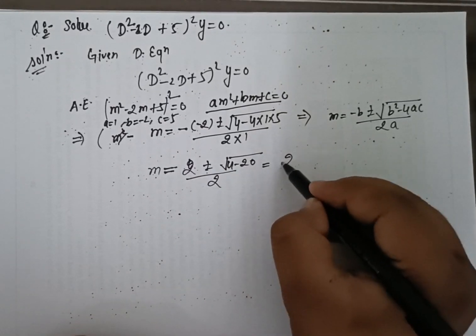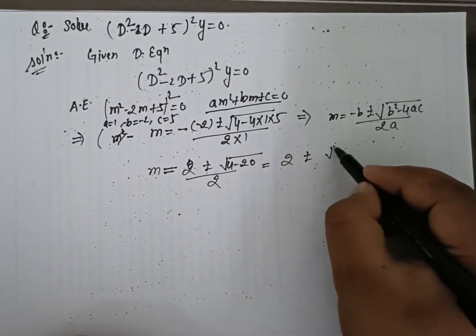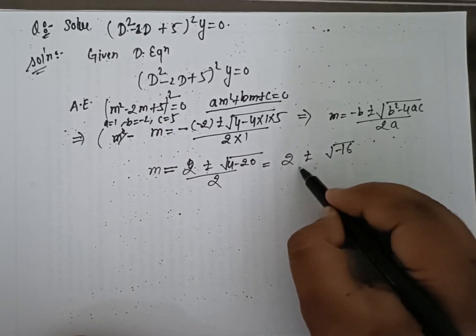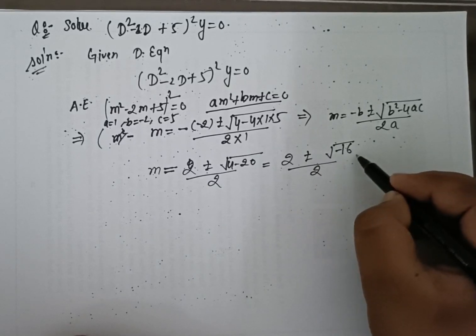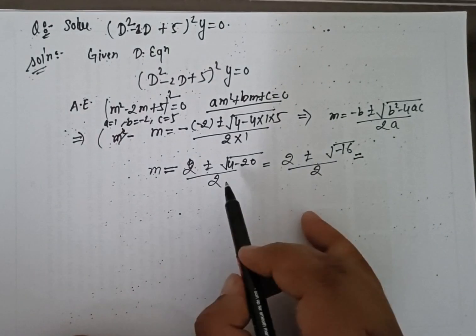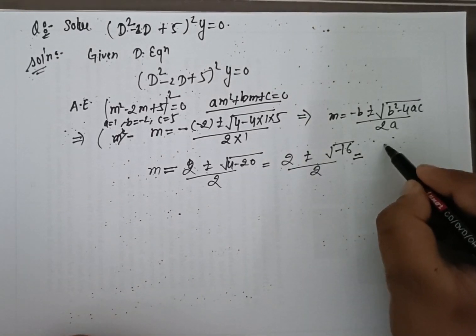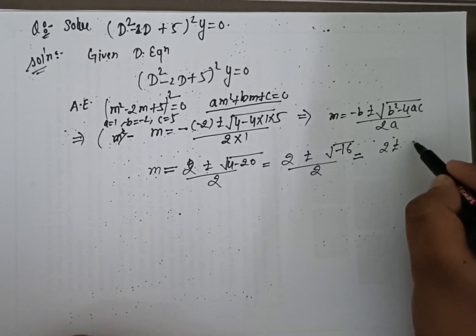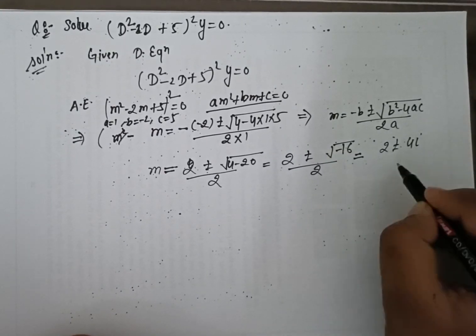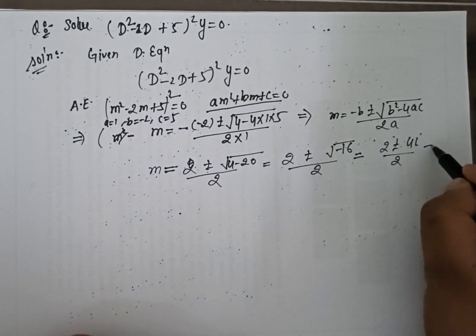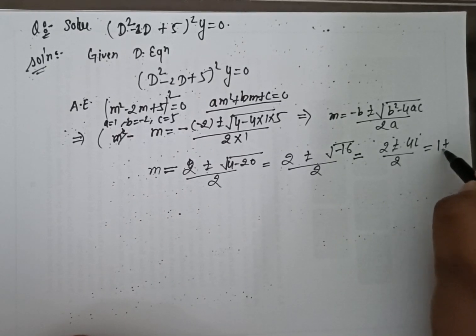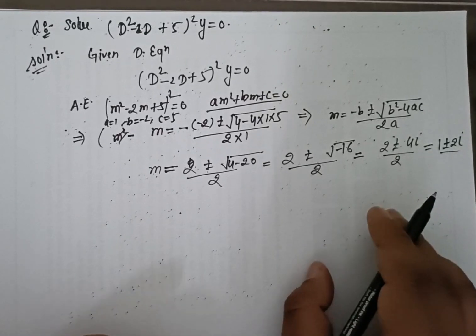So you can write 2 plus minus square root of minus 16, divided by 2, which is 2 plus minus 4 iota divided by 2, and the roots will be 1 plus minus 2 iota. So the two roots are here.